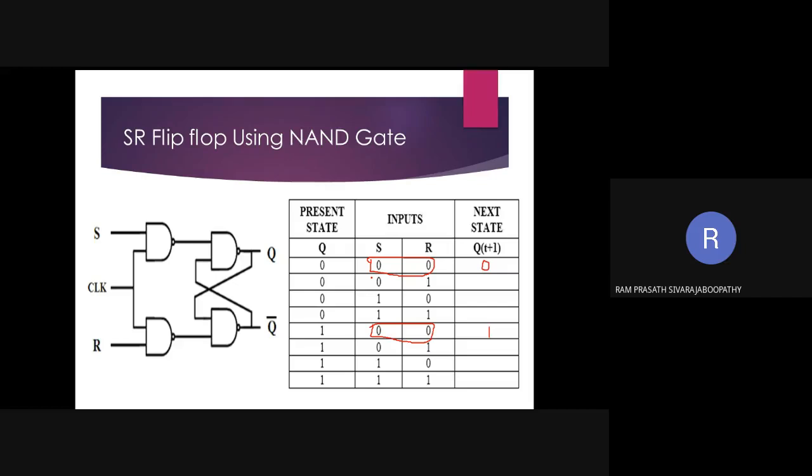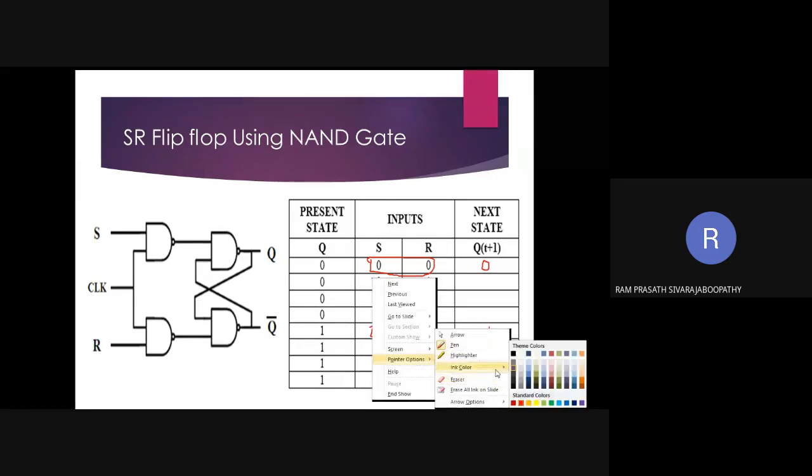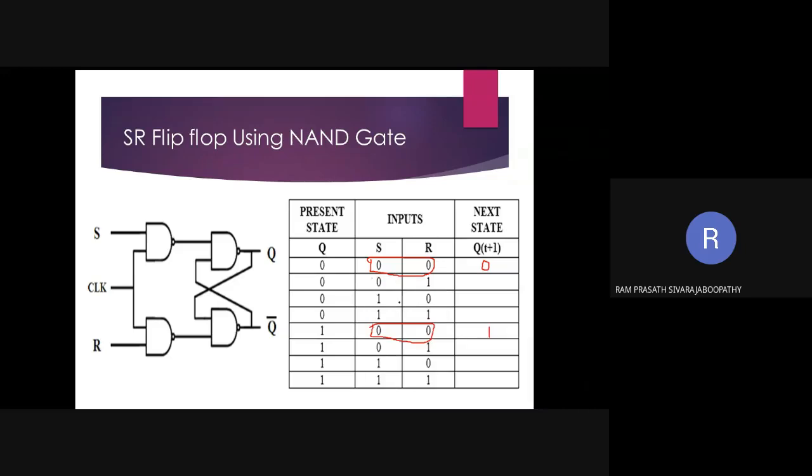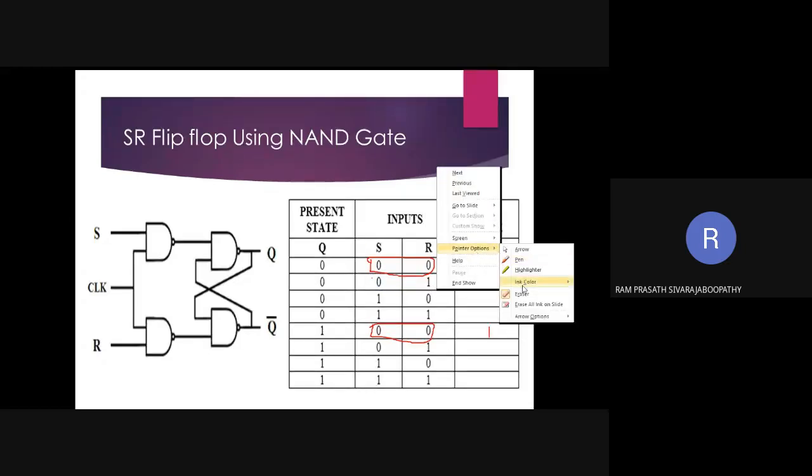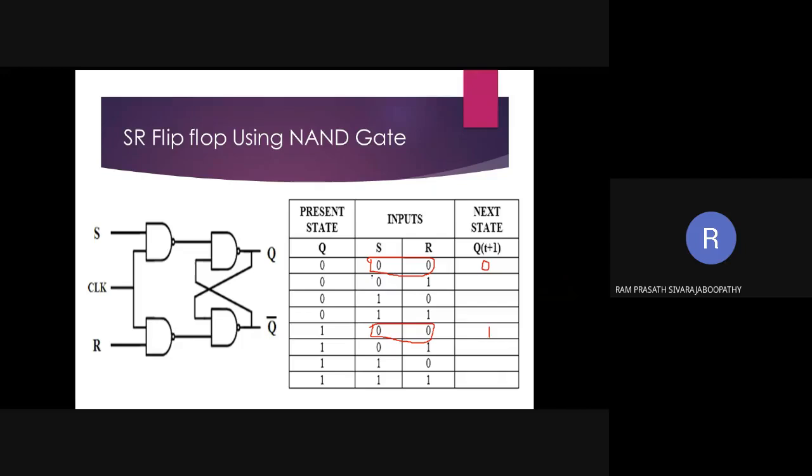Okay. Now, let us take another color. 0 1. What does 0 1 mean? Set equal to 0, reset equal to 1. So the output condition is reset, so 0.